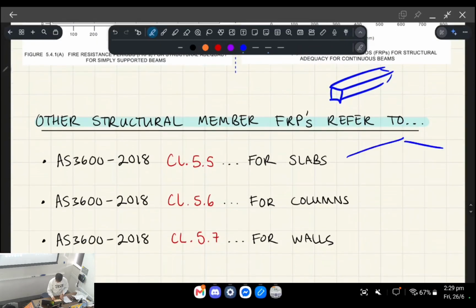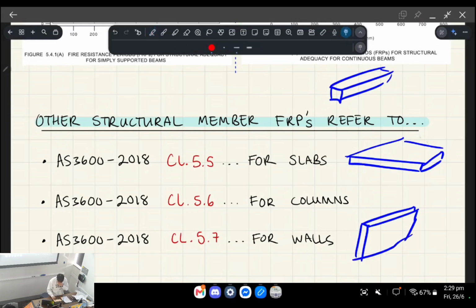Whereas for a slab, it's kind of like 2D, and same with a wall. And the idea with something that's 2D, basically, is that it can actually also act as a fire barrier. Okay, so for example, if there's flames on this side of the wall, it actually insulates whatever's on the other side of the wall. And a similar process happens for columns, right?